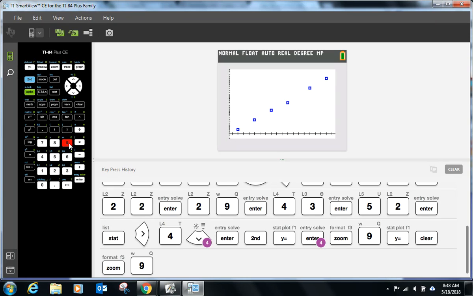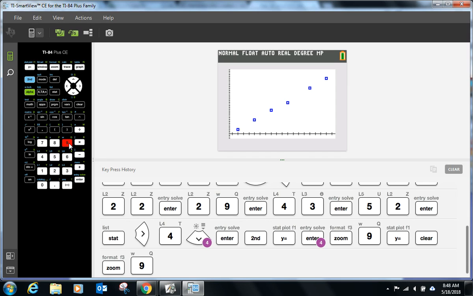And what do you notice about the slope of the scatter plot? It's positive slope. What was your correlation coefficient, positive or negative? Positive. And do you see how they're lining up, literally line by line here? So I can almost draw a straight line through there.